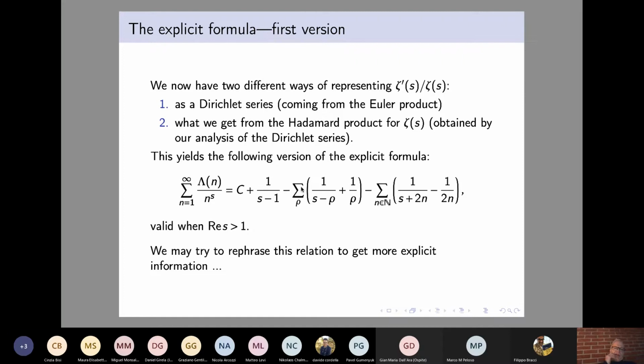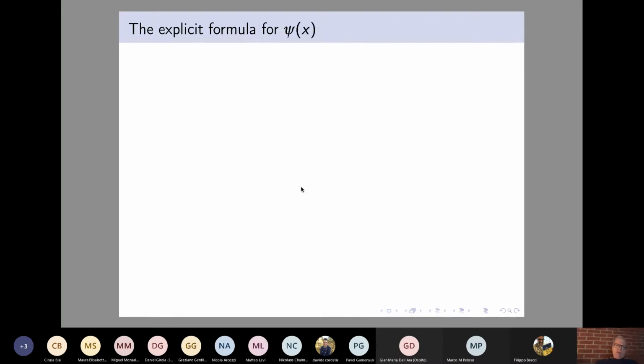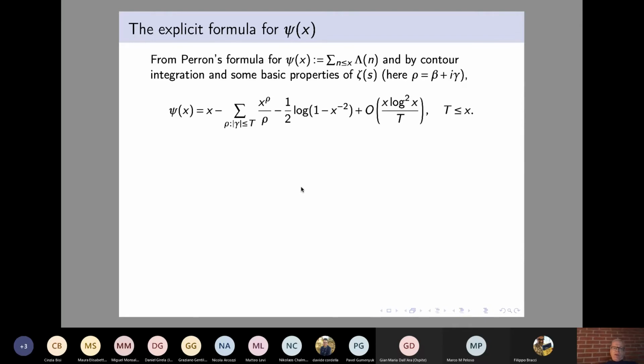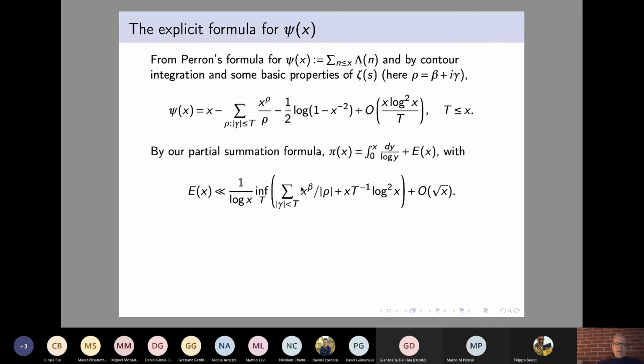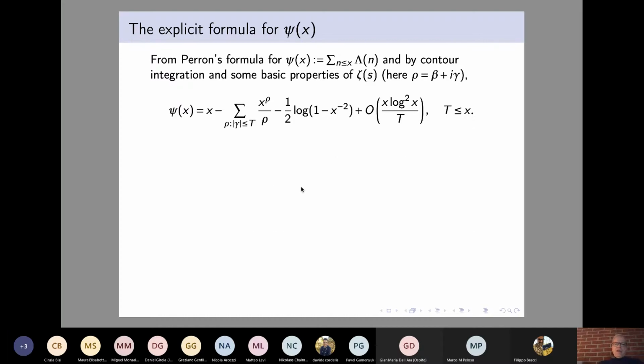And one can then try to exploit this relation in various more or less explicit ways, to get more explicit information. And the classical approach now is to get from this an expression for this function psi of x that I had in the beginning. You get it by contour integration.